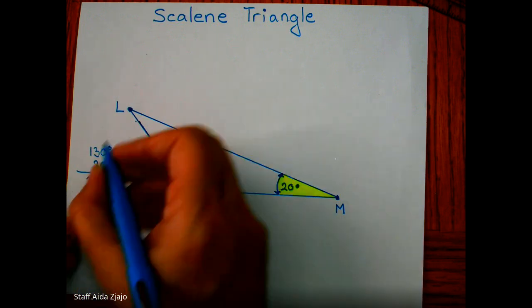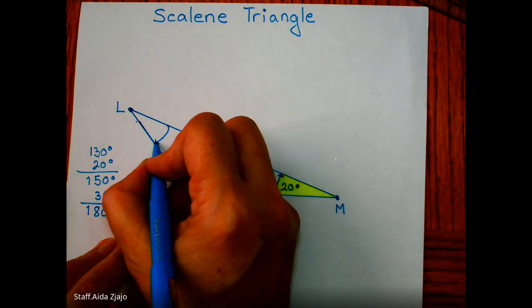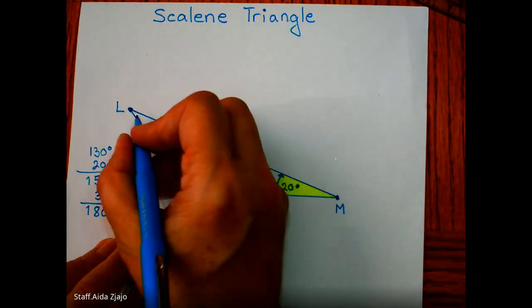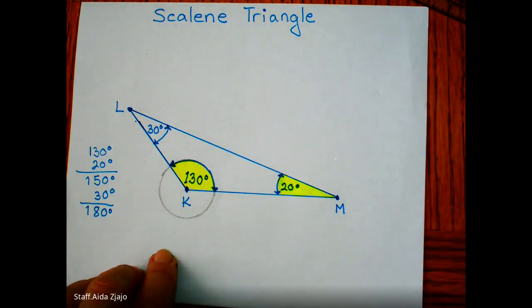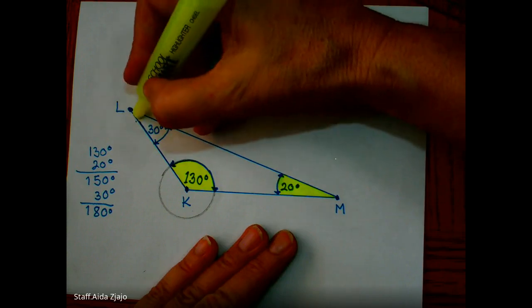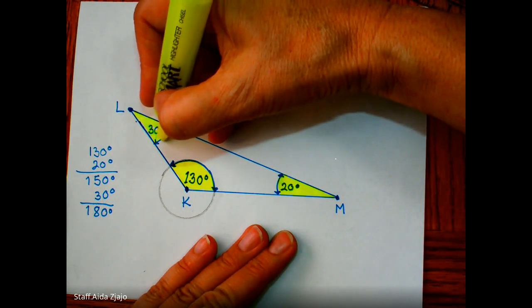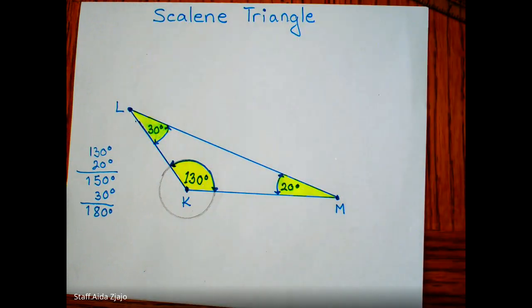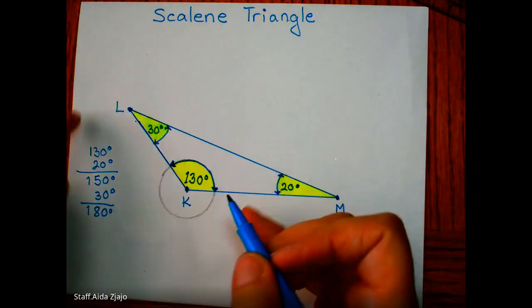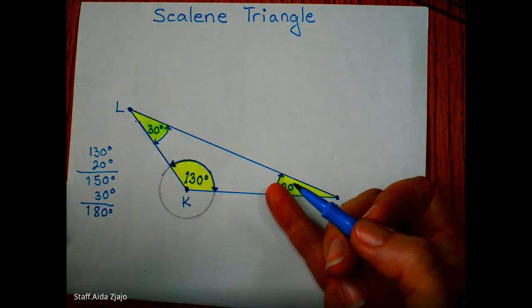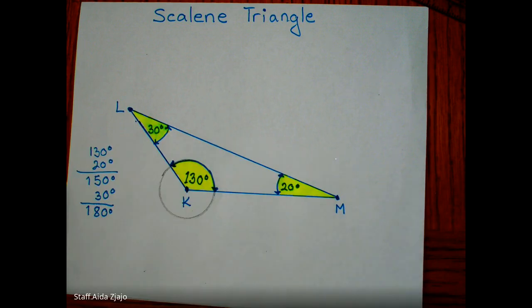So this is a 30 degrees angle. So none of the angles are the same and none of the sides are the same. So all these three angles are different. And the other way is 180 minus 150, which gives me 30 as an angle.